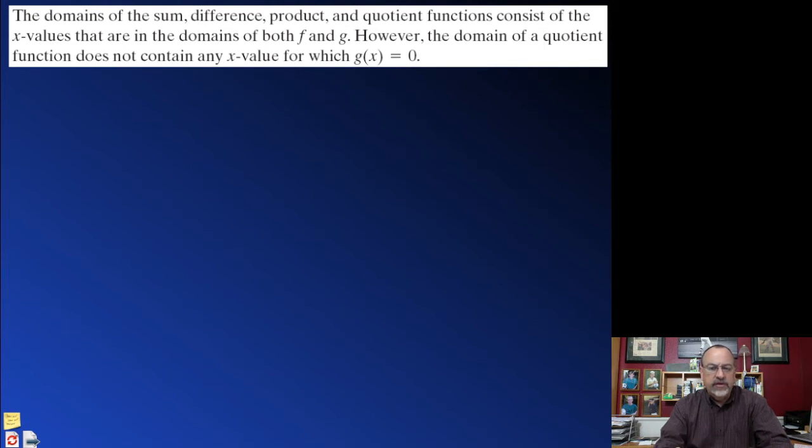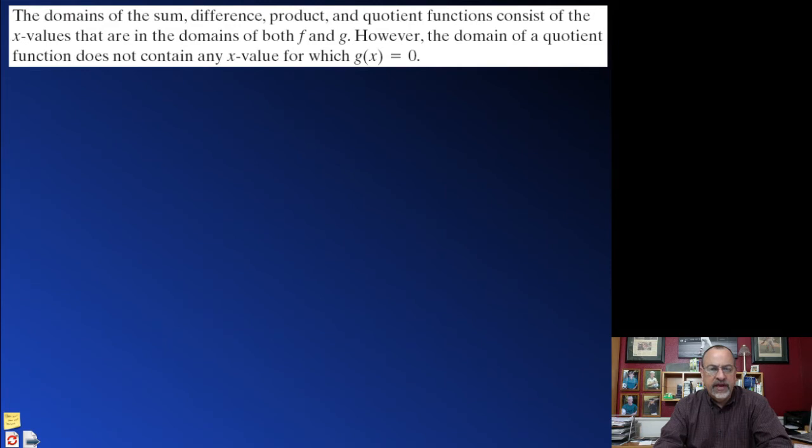These new functions, because they came from other functions, inherit some of the characteristics of those old functions, and that affects the domain of the new function. So we need to know how these new functions are affected by the original function's domain.